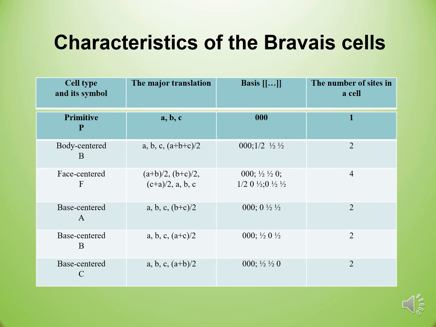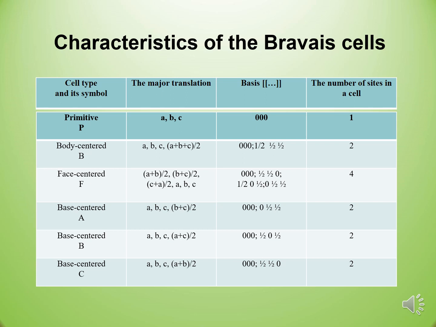To highlight the structure of the Bravais unit cells, we must find the three shortest non-coplanar translations A, B, C, and each translation must begin and end at the same sites. Next, you need to check the requirements.